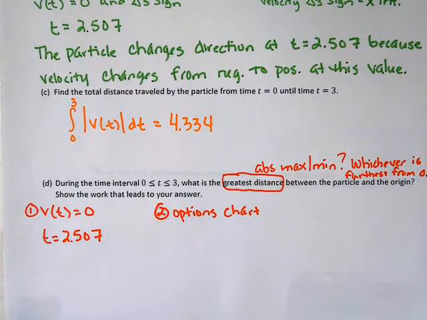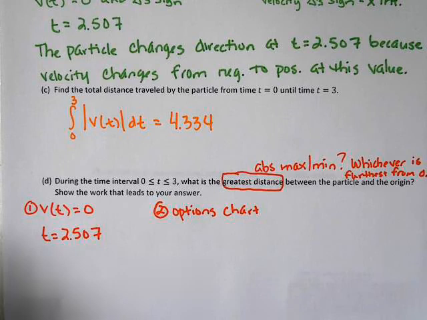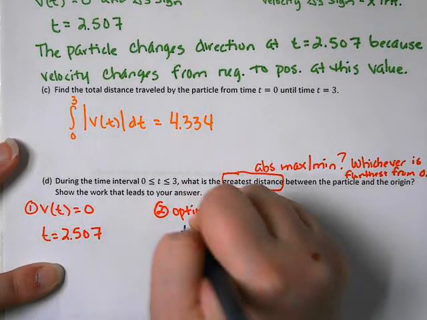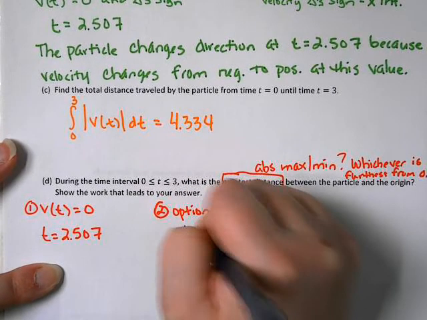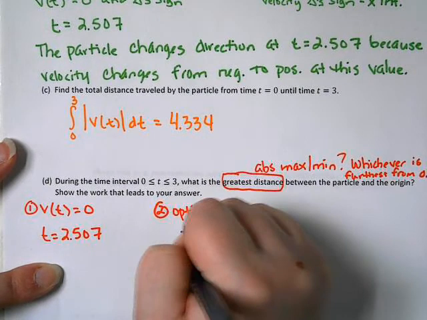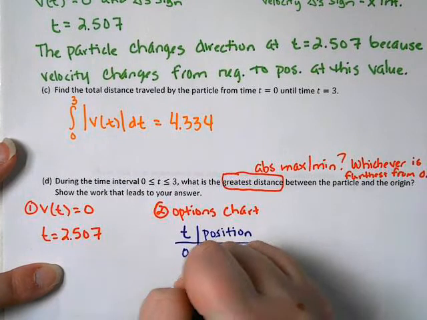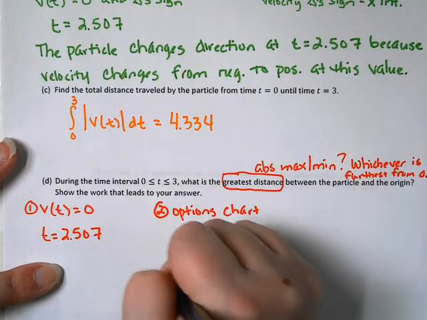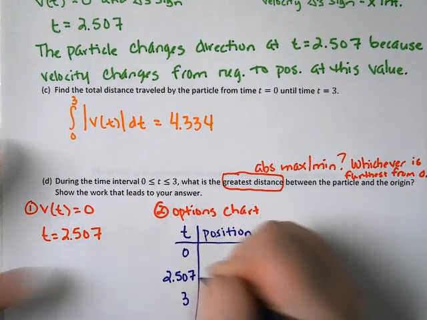In our options chart, we have to include the endpoints and the critical values. So our endpoints are 0 and 3, and the critical value that we have is 2.507.